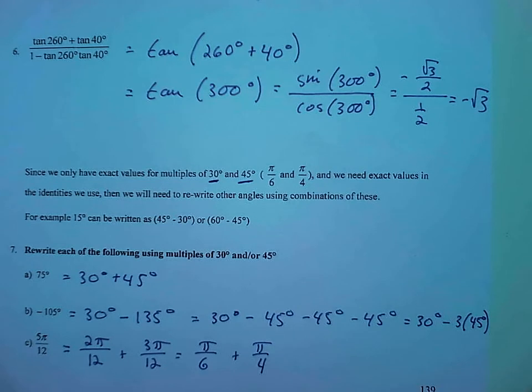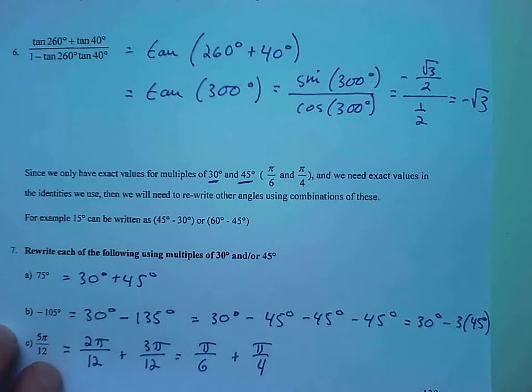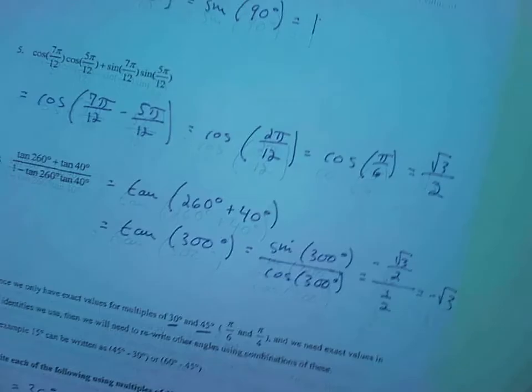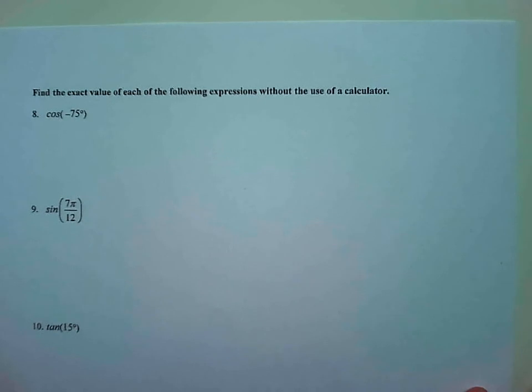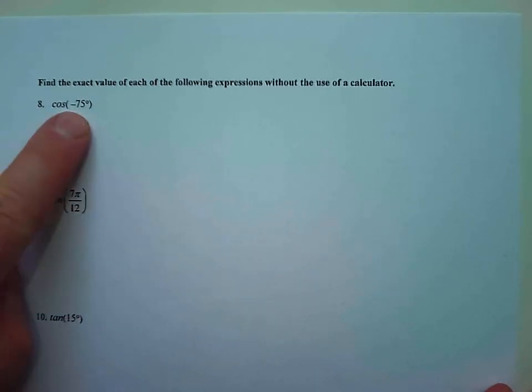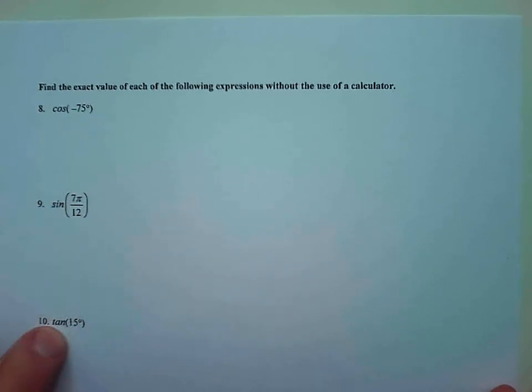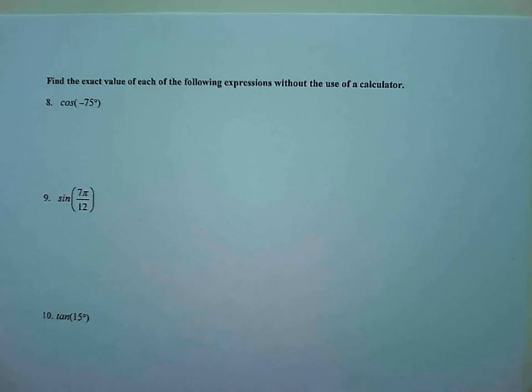Alright, let's go on to the next page of notes. Because now what we're going to start to do is kind of what I foreshadowed earlier. We're going to take trig functions of angles that we wouldn't necessarily find on the unit circle, and we're going to try to convert those to angles that we would find on the unit circle.